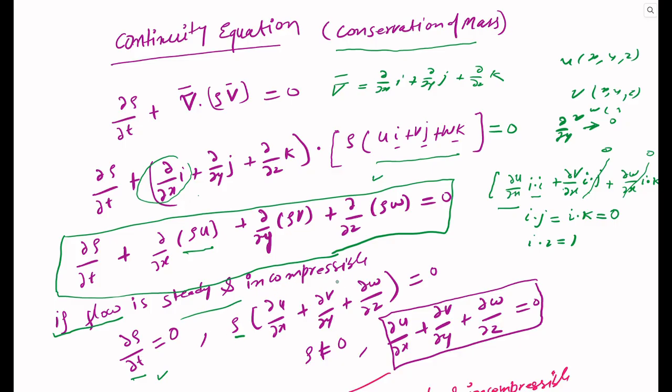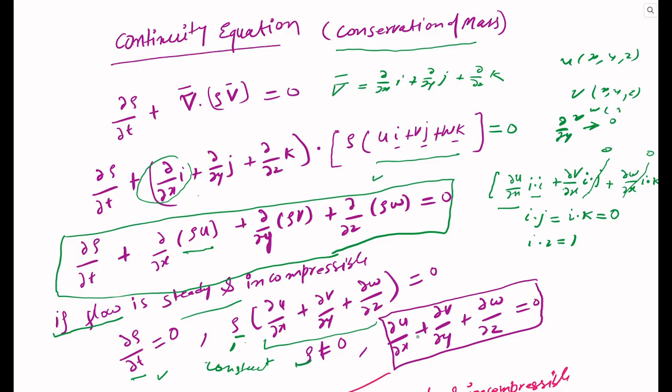Incompressible means there is a fixed value of rho. This constant multiplied by the remaining terms equals 0, and since rho cannot be 0, the only possibility is that the remaining term is 0.